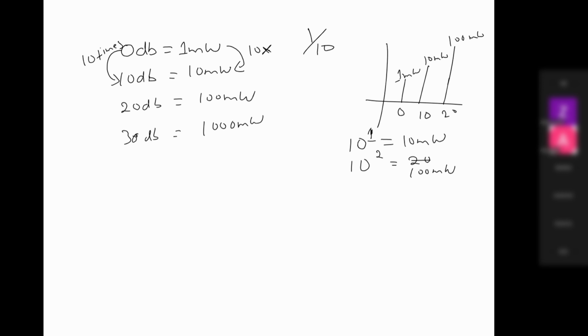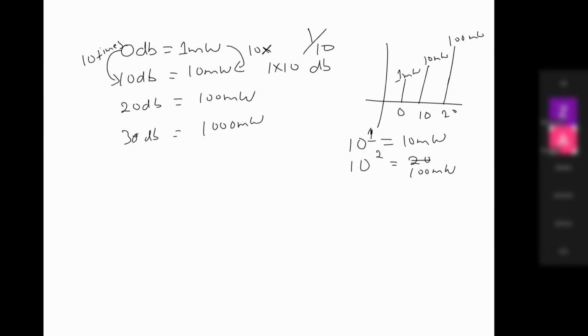So in this, what happens is when you are converting from dB to milliwatts, the conversion happens like this: 10 dB, 10 milliwatts. So how do we arrive at this value? 1 into 10 you are going to do, then you will get 10 dB.